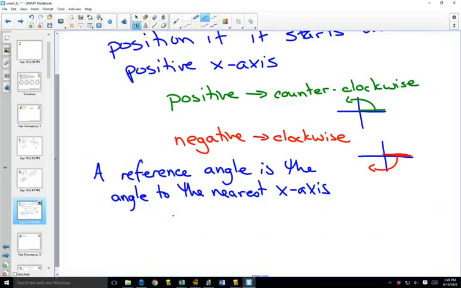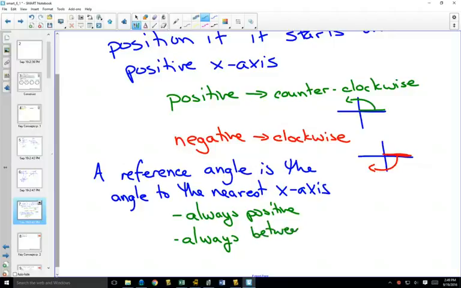It is always positive and always between 0 and 90 degrees. Always positive, always between 0 and 90 degrees, and including 0 and 90 degrees.